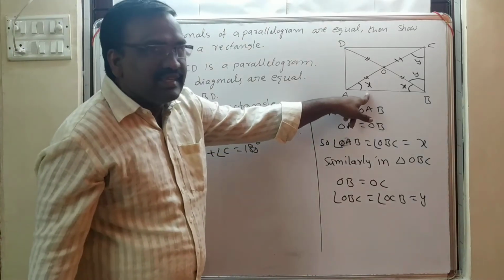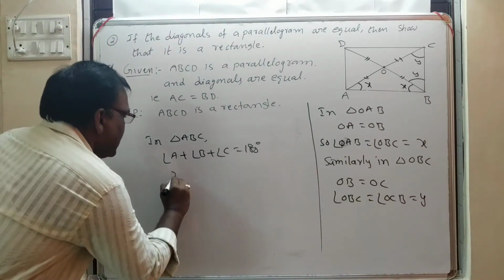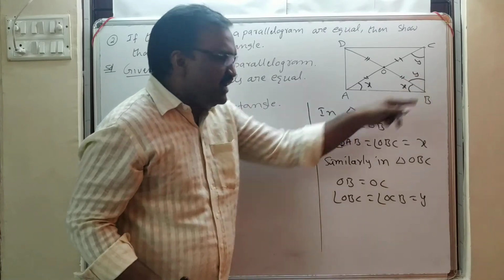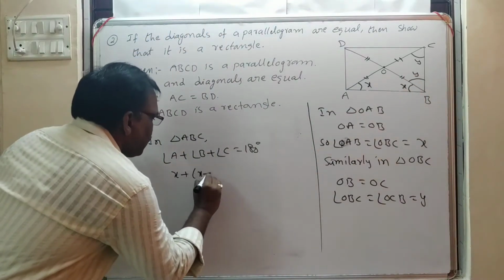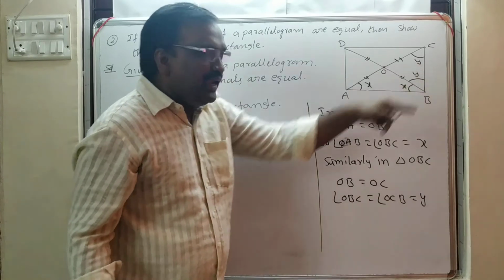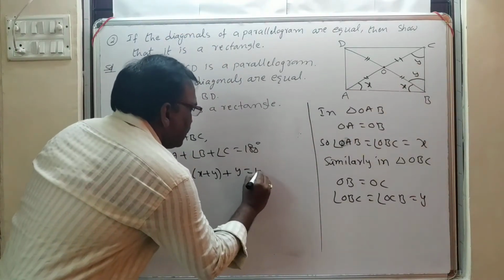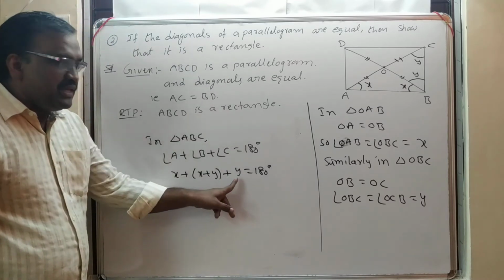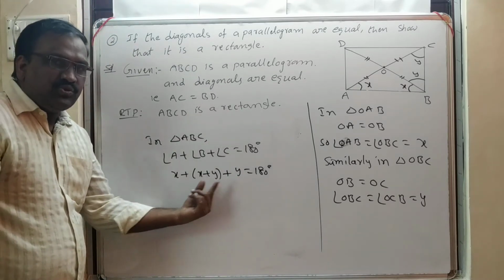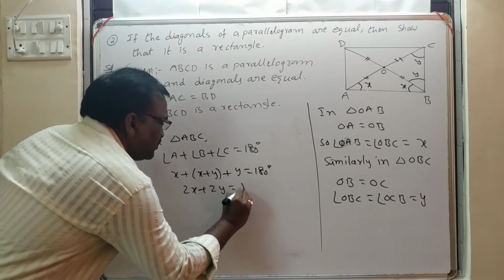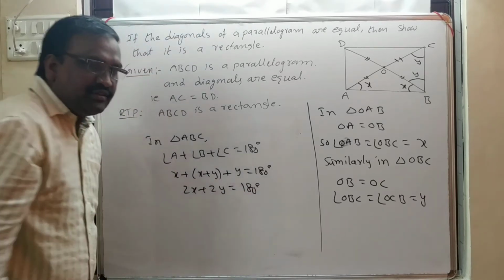Here angle A is x, angle B is x plus y, and angle C is y, which equals 180 degrees. So x plus y plus y, 2 times x plus 2 times y. 2x plus 2y is equal to 180 degrees.